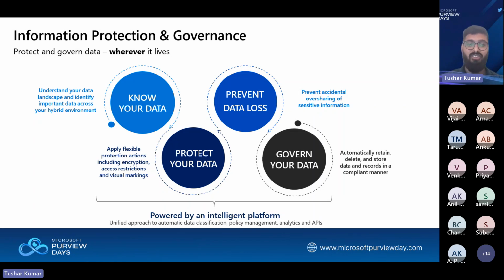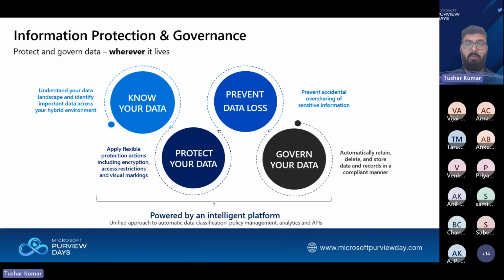Or maybe it's a financial organization and you have set it in such a way that you're blocking people from their day-to-day business continuity, their day-to-day task of sharing data, let's say Bob is sharing the same files to someone else in the organization, and we are blocking that because of our policies. So first thing is going to be know your data.